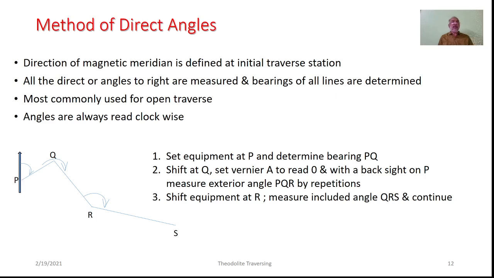The way we did earlier, the direction of the magnetic meridian is defined only at the initial traverse station, whereas as we move ahead along the traverse, we will be measuring angles only directly, that is angles to the right only, and by making use of those angles we will be computing the bearings of lines. As mentioned, it is used for open traverse and the angles are read in the clockwise direction only.